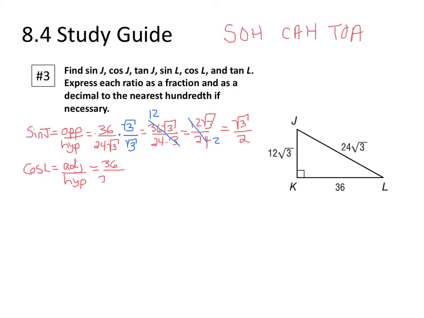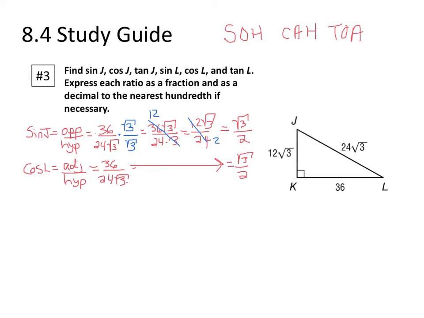So we've got the same thing, 36 divided by 24 square roots of 3. And you can see the relationship here. We can go all the way over here. They are equal. So the sine of one acute angle is equivalent to the cosine of the other acute angle.